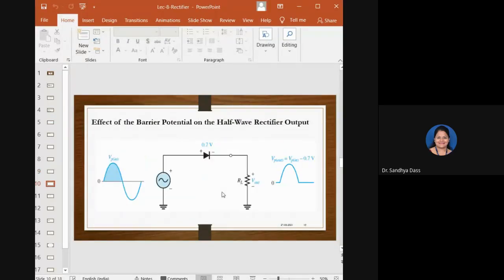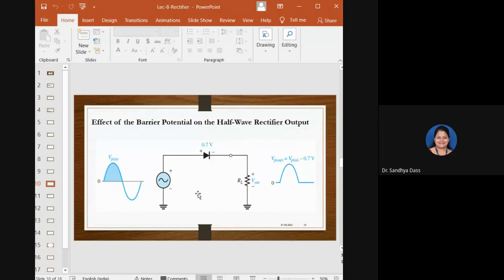Now, what is the effect of the barrier potential on the half wave rectifier output? Observe that when we started the discussion, we assumed the diode used in the circuit to be ideal. If a practical diode is used in the circuit, then we have to consider the barrier potential of the diode as well. Assuming the diode is a silicon diode, we know the barrier potential of a silicon diode is 0.7 volts.